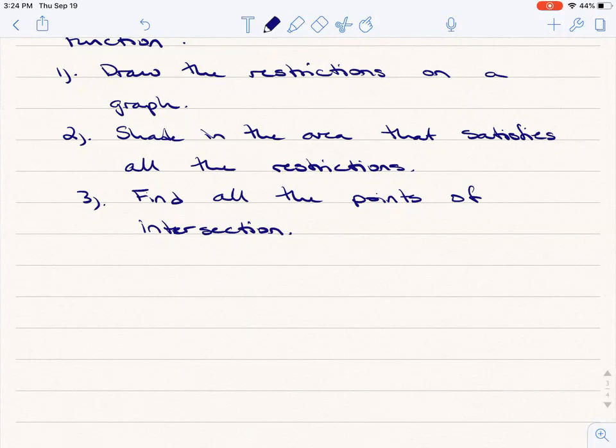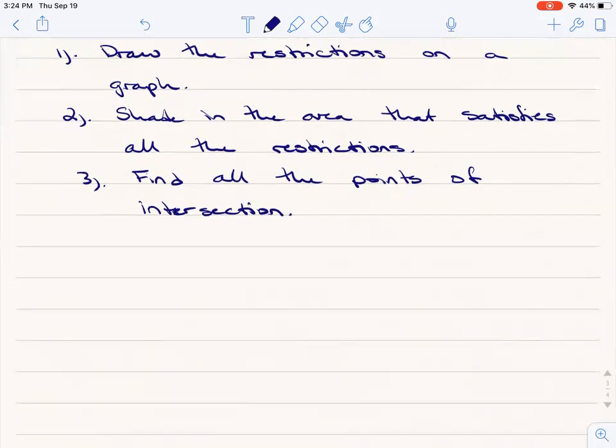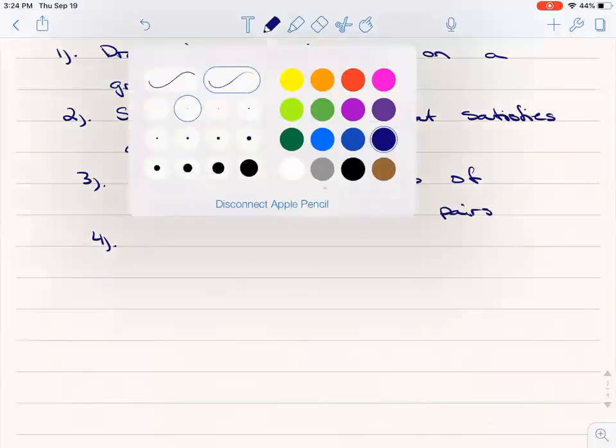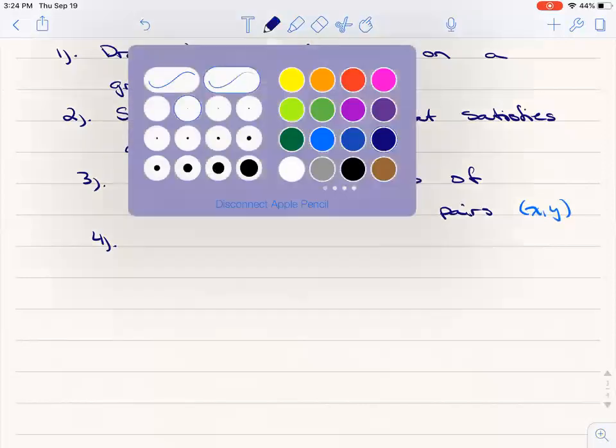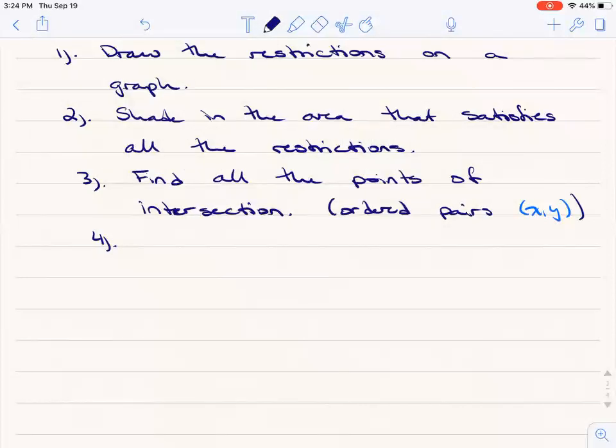These points, right, are ordered pairs. Remember we talked about ordered pairs last day? That's when we write something like x comma y in round brackets. That's an ordered pair.